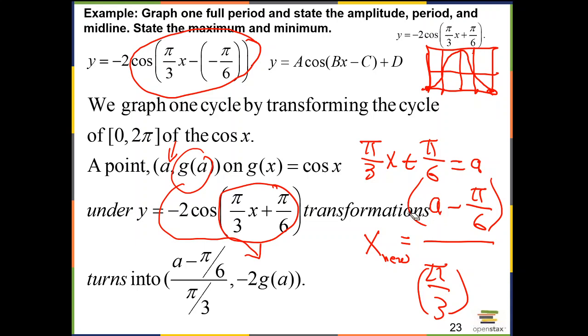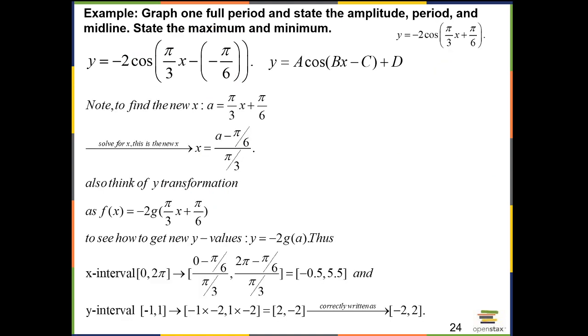Once you know that, then you can easily graph this function. So let's graph it. Let me explain here again. The original rectangle of cosine goes from 0 to 2 pi, and then it's from -1 to 1.